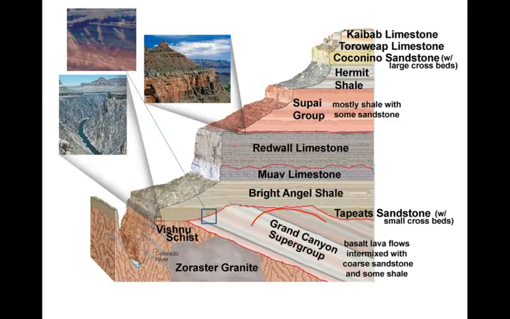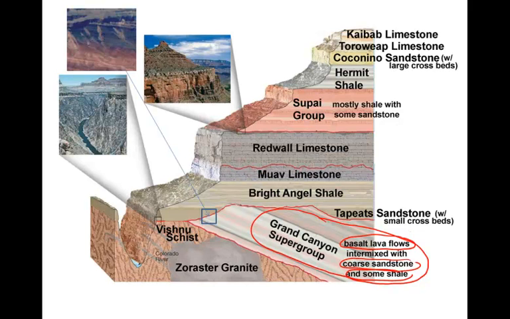Well, superposition tells us the next layer to form are the rock layers of the Grand Canyon Supergroup, consisting of a series of related rock types, sandstone layers that are very coarse, some shale layers, and also some intermixed mafic or basalt lava flows.